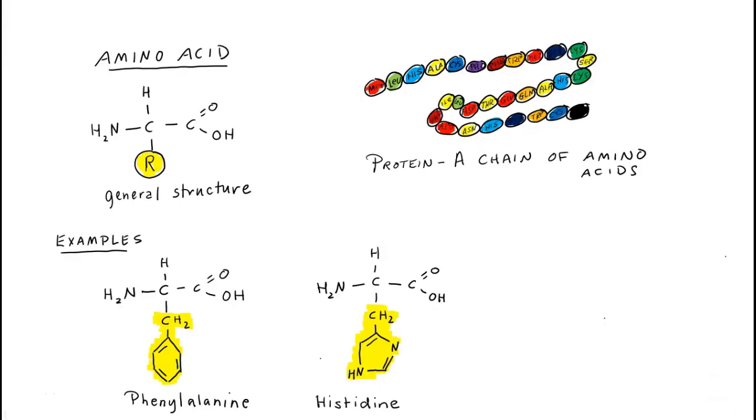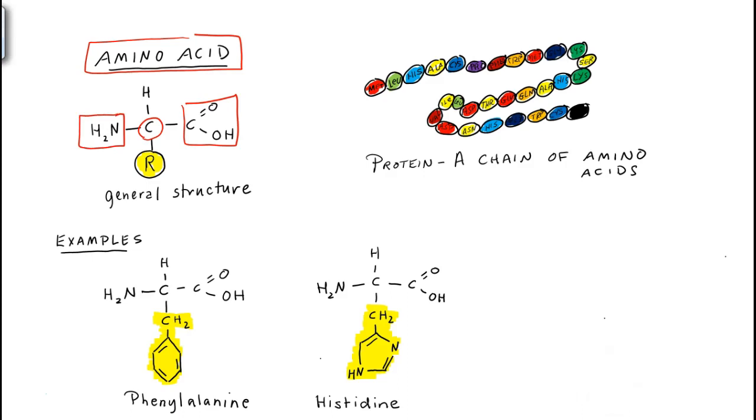Proteins are another basic molecule we need to have in our diets. And proteins are made up of amino acids. There are 20 amino acids in nature, and they all have this general structure of a central carbon, an acid group, which is why they're called amino acids, and also an amino group.